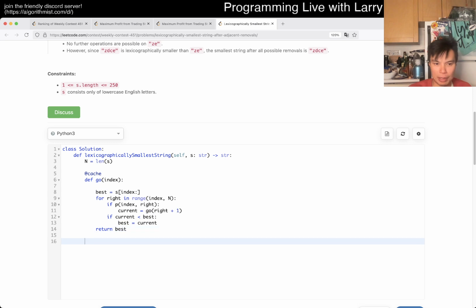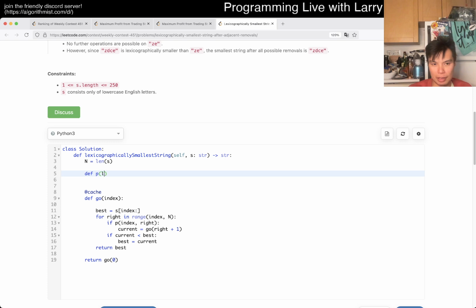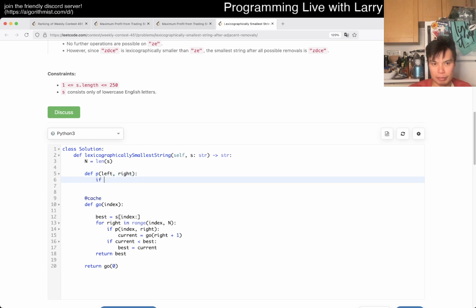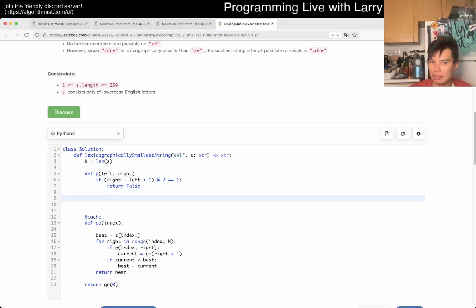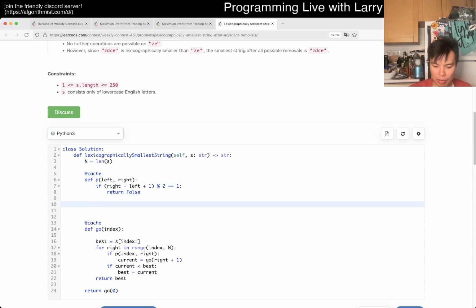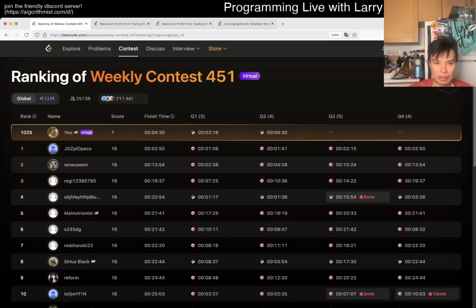So that's the best, get the best possible substring, maybe, and then now possible of left, right, if right minus left plus 1 mod 2 is not 0, then we just return false, because that means that we have an odd number of characters. Otherwise we go, is greedy always the way to do it? Here maybe we want to cache anyway. It's greedy. I guess we'll try it. Why not? I have no ideas and I have 22 minutes left.